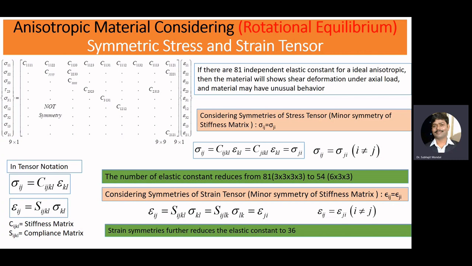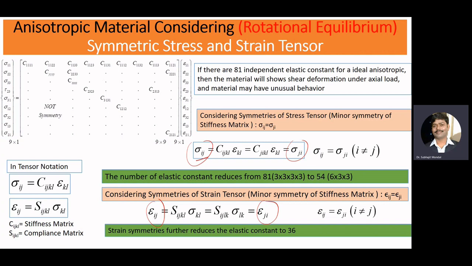Now, if you consider that the stress tensor is symmetric, that means sigma ij is equal to sigma ji, and epsilon ij is equal to epsilon ji, then we can reduce the material parameters from 81 to 36.